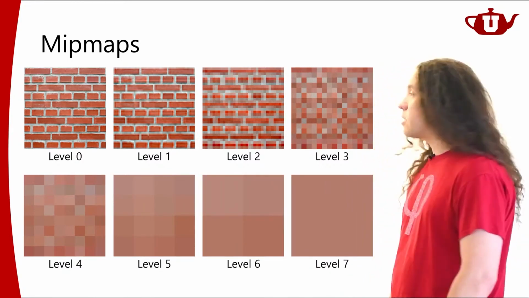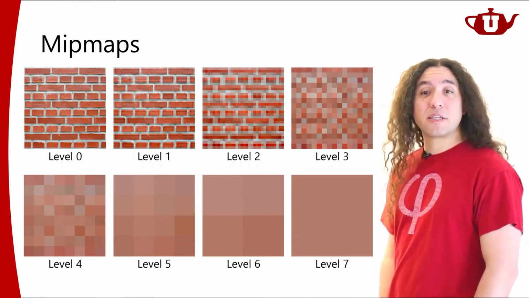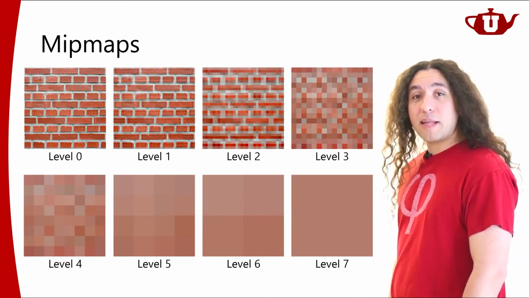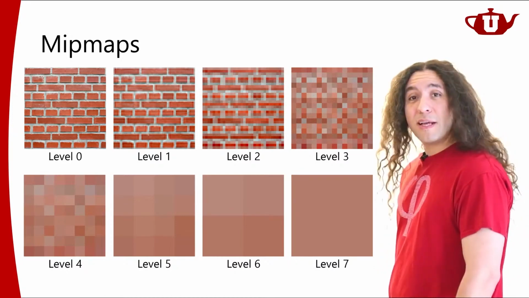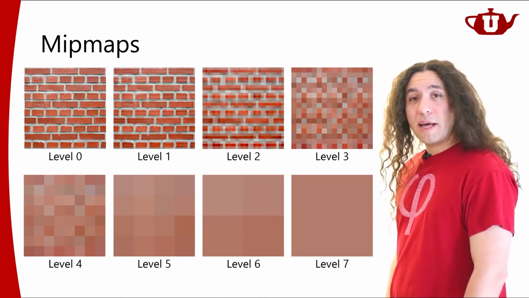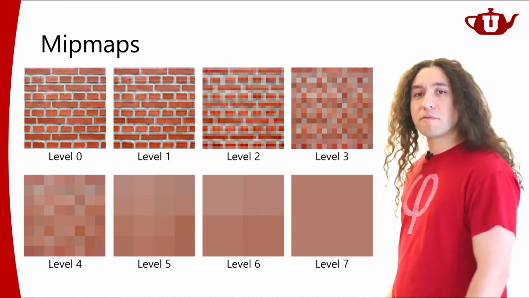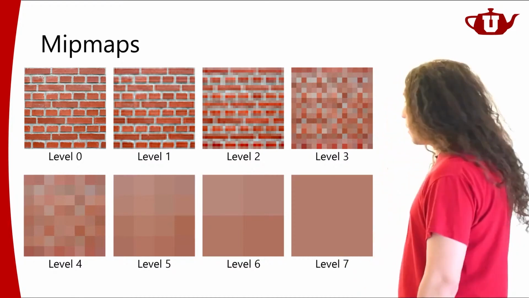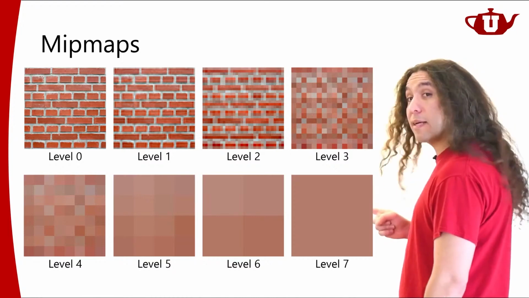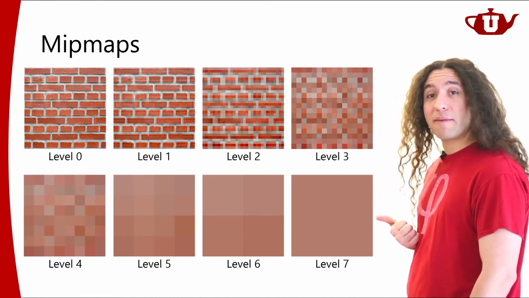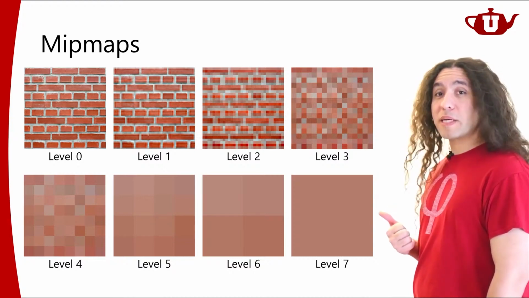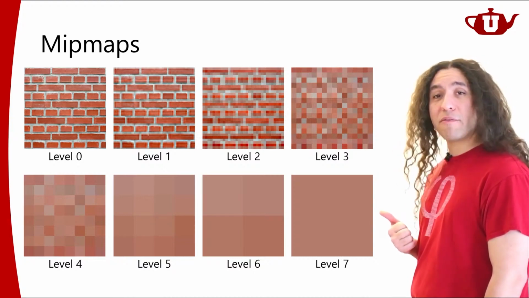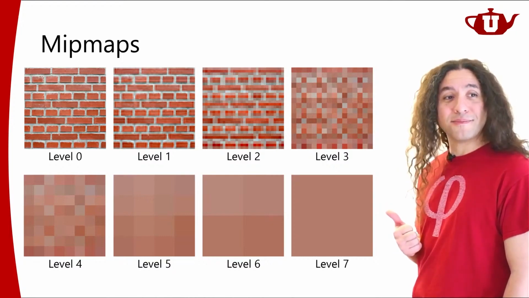With this particular texture, I created 8 levels from 0 to 7. At each level, I have half the resolution of the previous level. And I came all the way down to a single pixel. So this level 7 has just 1 pixel on it, and that 1 pixel contains the average color of the entire texture.